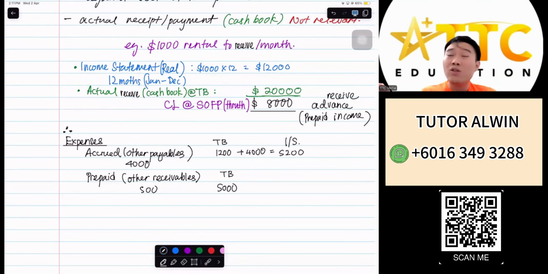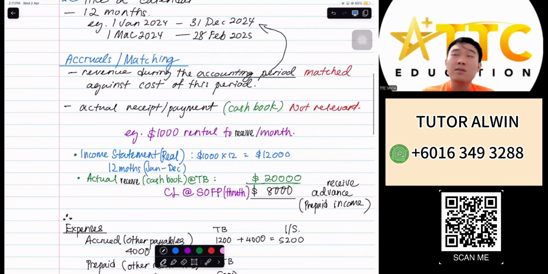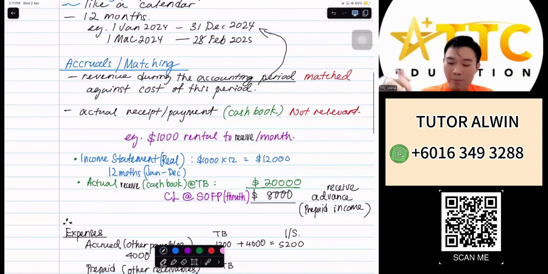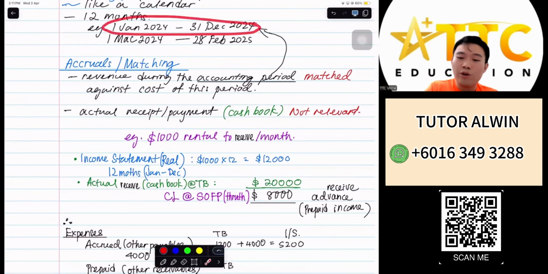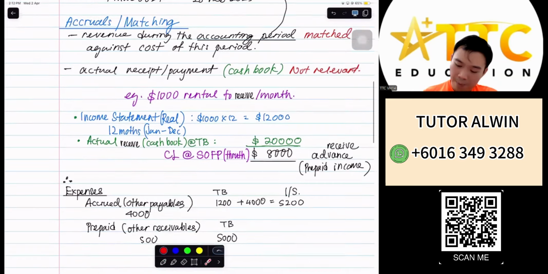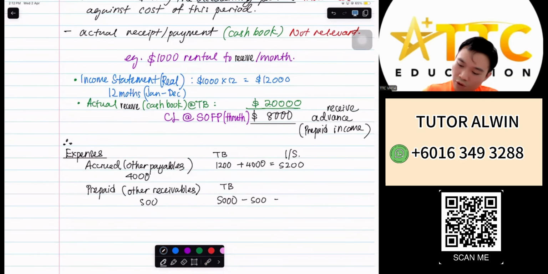So this is something related to the future. Your future is next year's January, next year's February. You need to deduct them off because you only want things related to this 12 months' time. Anything in excess, you do not want, so you minus them off. Your income statement will show 4,500 instead, and the 500 will be shown under current assets in your SOFP.